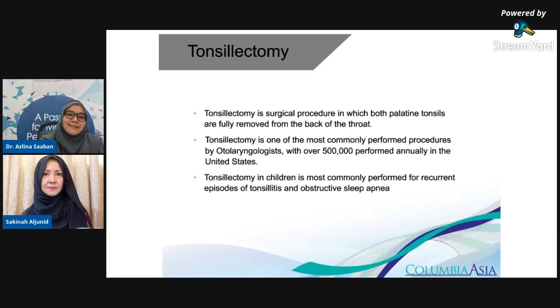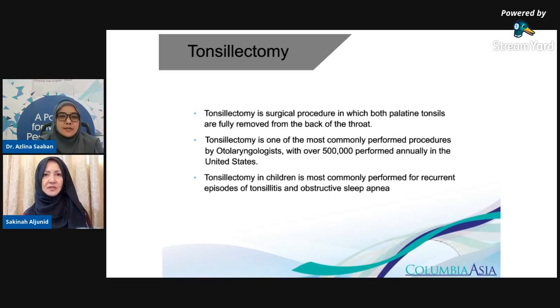We remove them. It's a common procedure. Even for us ENT doctors, once we join ENT, this is the first thing we need to learn. In government, usually the MO will do it, and only for difficult cases the specialist will come in.